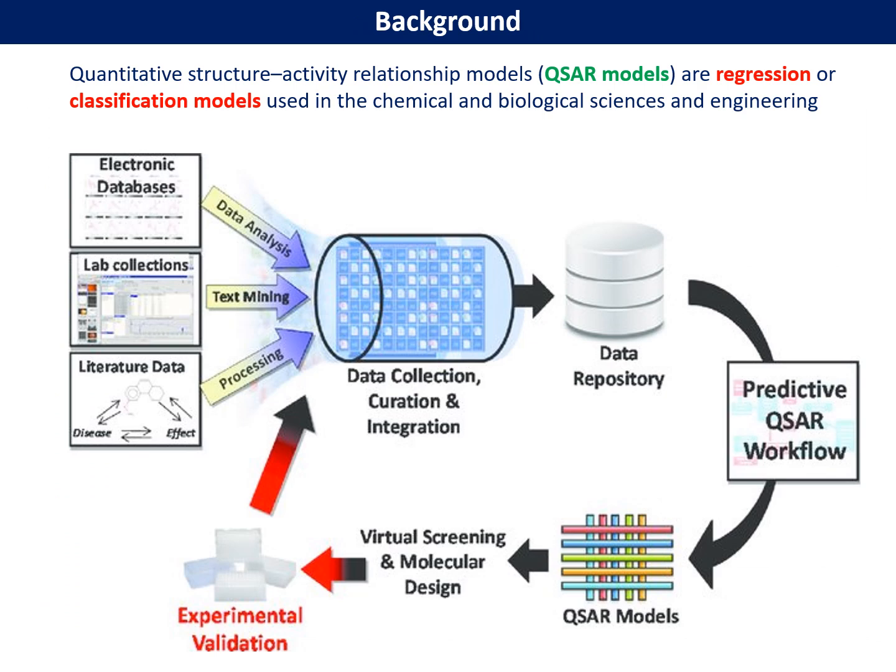QSAR stands for quantitative structure activity relationship models, a regression or classification model. As you can see here, you have data from an electronic database, lab collections, or literature data, and after that you combine them to make the data set like that. After that, you can use it to predict with a QSAR model.